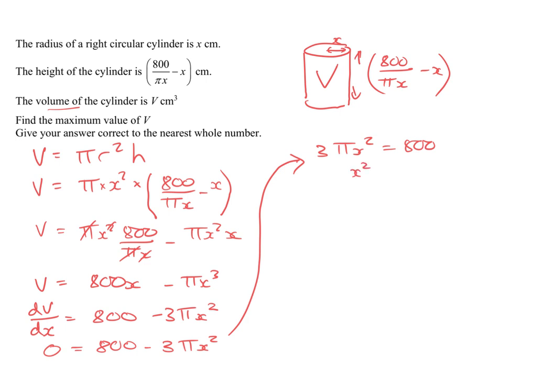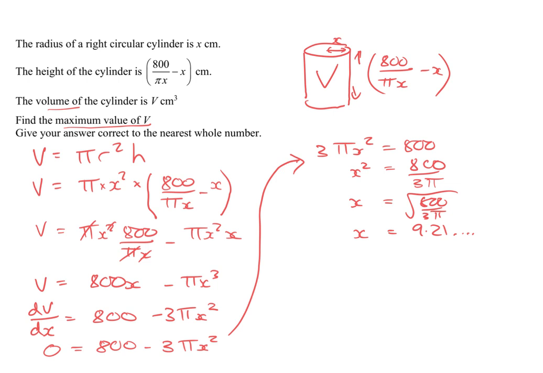So x squared is equal to 800 over 3 pi, and x will be equal to the square root of that, the square root of 800 over 3 pi. And when you work that into a calculator, x will come out to be 9.21, and then a whole bunch of decimals. That's the value of x when we have the maximum value of v.